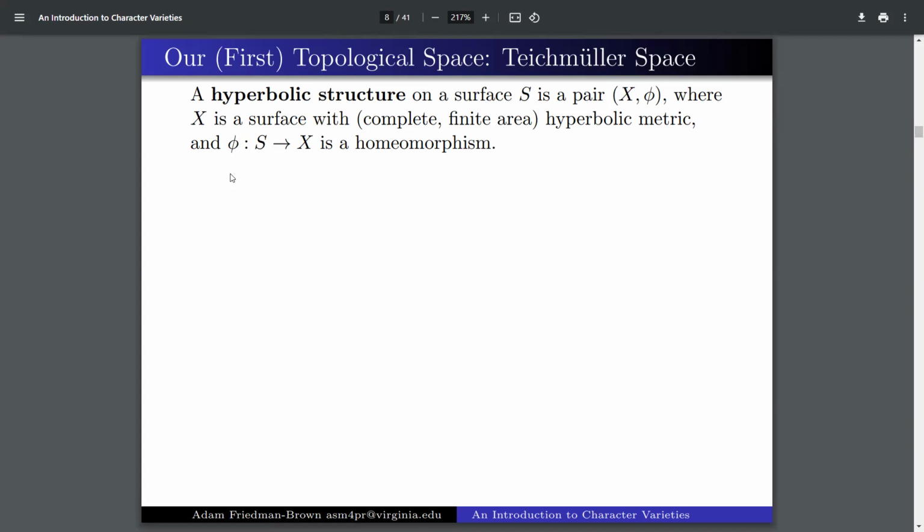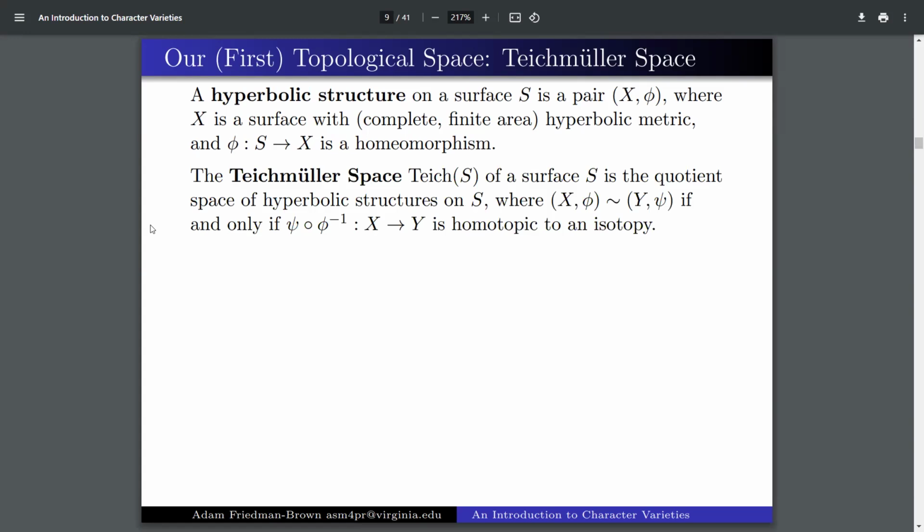And one way to think about the reason for this map is that it's a way to define a coordinate system on S. Maybe there are two equivalent hyperbolic structures, but at different points. They have different coordinates. And the Teichmuller space is the space of these hyperbolic structures.